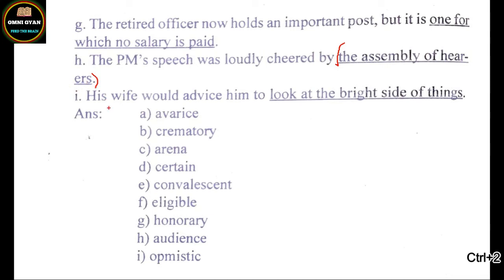I think you already know the answer because the answer keys are already here. But anyways, if you guessed it correctly, it's fantastic. His wife would advise him to look at the bright side of things. We have done this. I told you already. Somebody who looks at the positive side of things, somebody who looks at every opportunity very positively. One answer, only one answer.